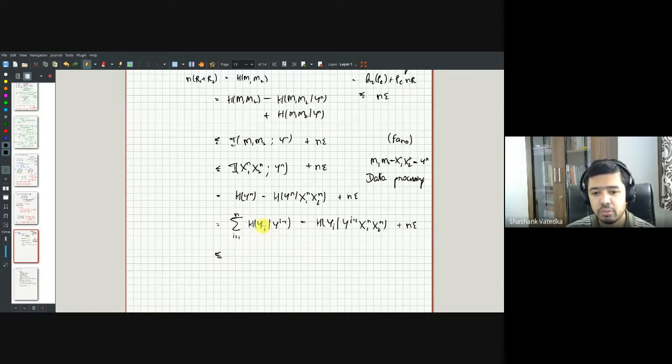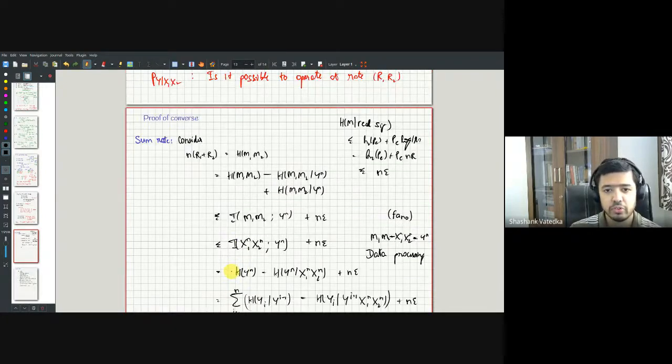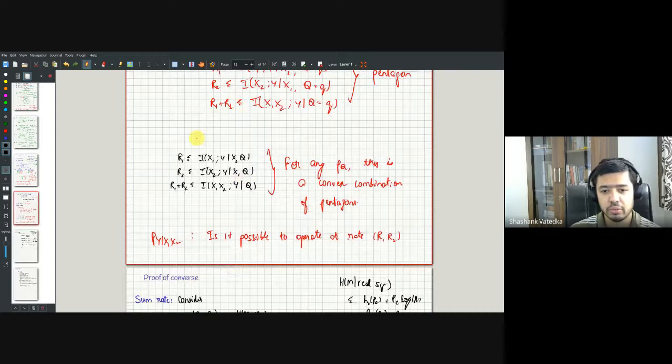Now at this point I want to write this in terms of h of Yi minus h of Yi given X1i, X2i, because that will get me to the particular form I want. I want to show that this inequality has to be satisfied.